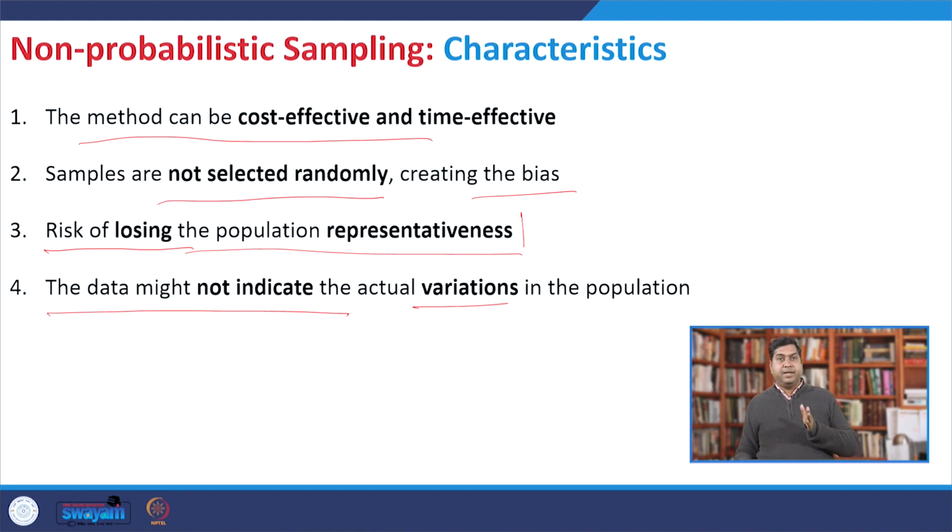So for social research these are few important aspects that we need to look into. But if you go for some kind of non-probabilistic sampling, the issue is whether it is able to capture the variation in the total population. The way I have given the example of performance of students, the top 5 or the bottom 5 or the average 5 students out of a class, and their performance.